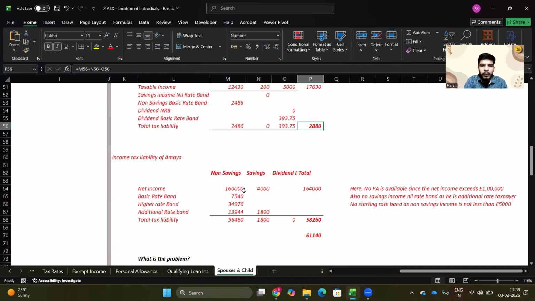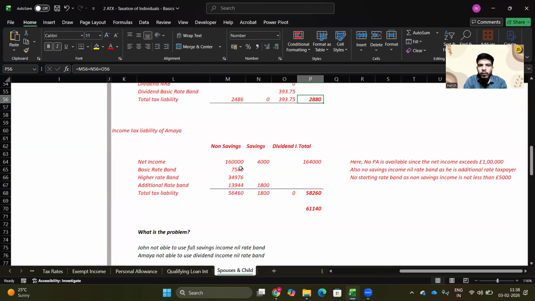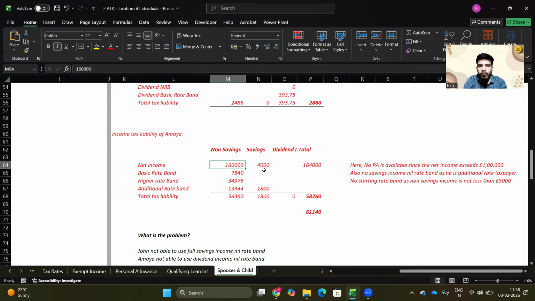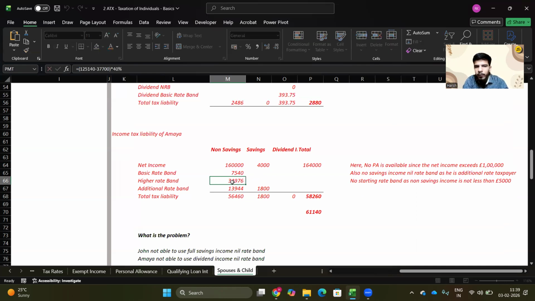Now let's calculate for Amaya. She had a net income of £164,000. Firstly, let us use the basic rate band: £37,700 fully utilized at 20%. Whatever is left after that would be charged at 40%, and then you have the additional rate band. So firstly you charge up to £125,140 minus £37,700 at 40%.